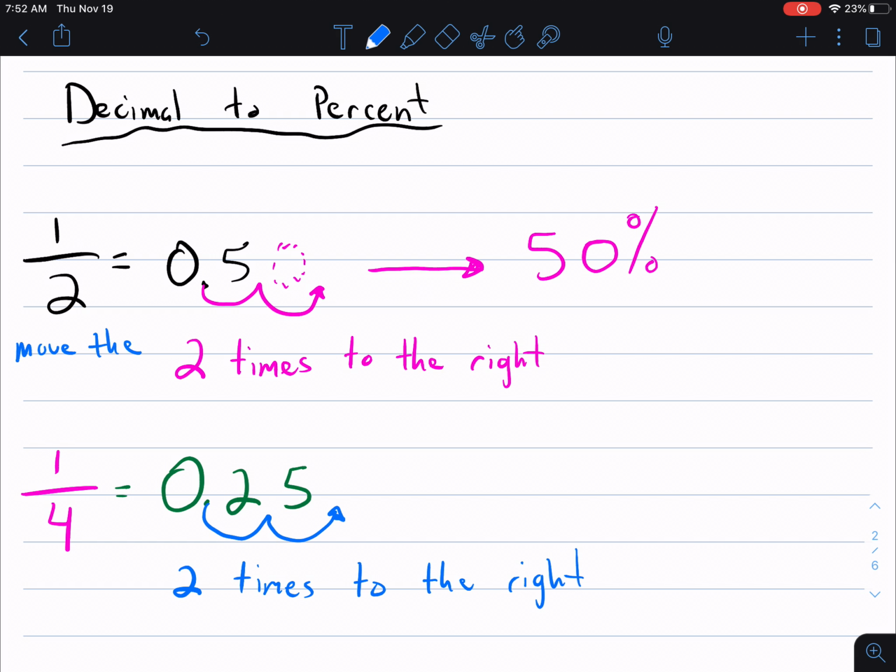Mueven el punto. Move the point 2 times to the right. So my answer is now 25%.